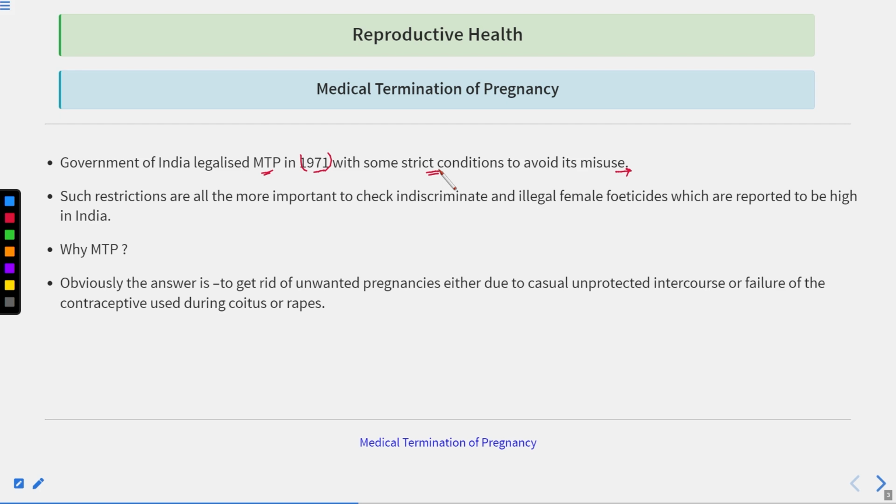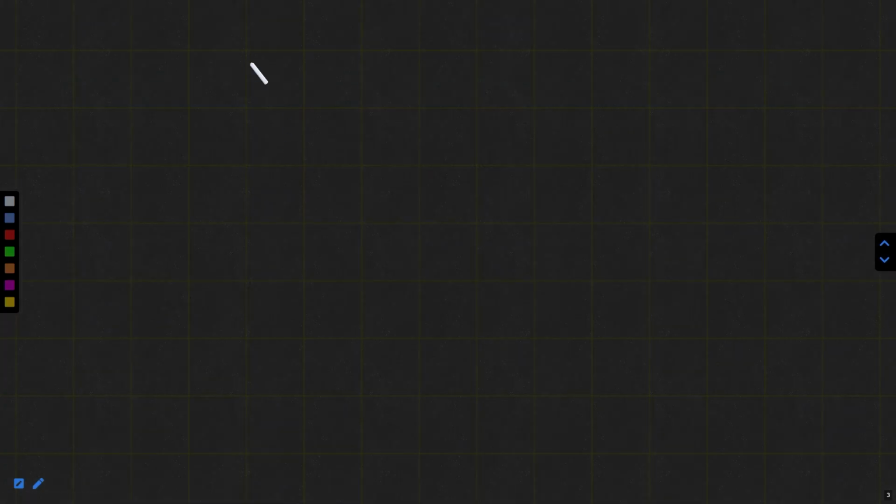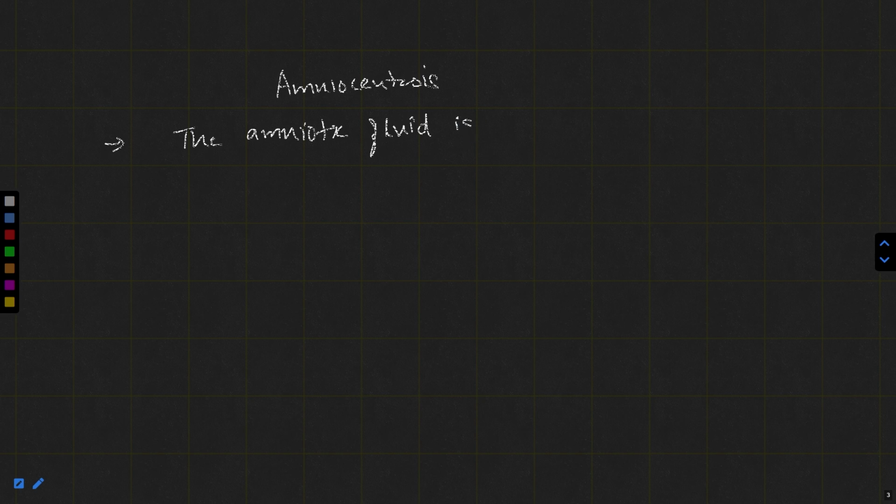We have discussed amniocentesis in the previous lecture. Now you can define amniocentesis. What happens in amniocentesis? The amniotic fluid is analyzed.